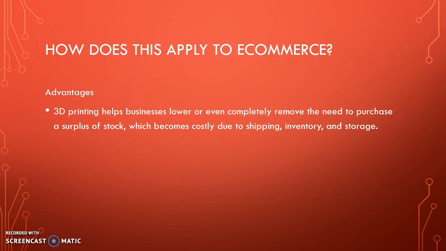Instead of having to have a whole stock ready, they can just meet the order right there and have it completely set and ready. And it saves time, and it saves inventory and storage, because they're just meeting the quota and don't need a surplus amount. So it saves them more money and overall more time.